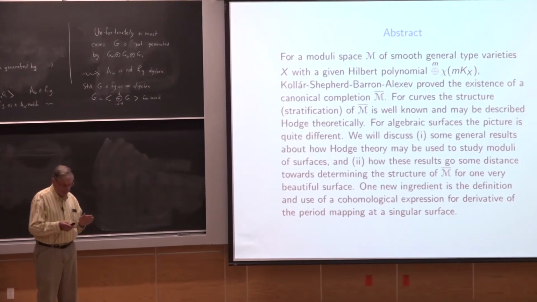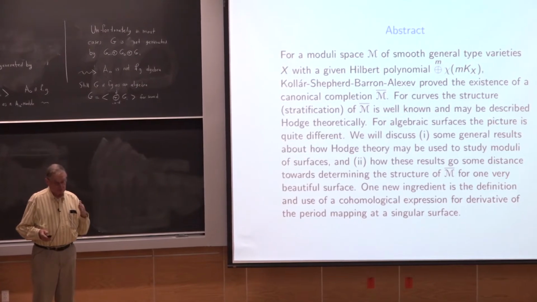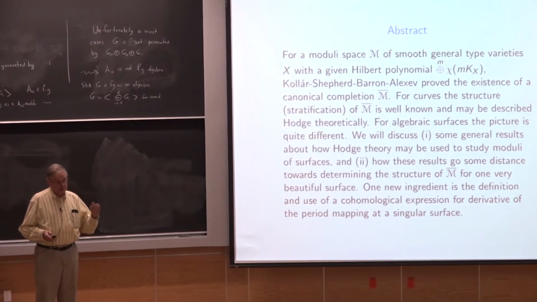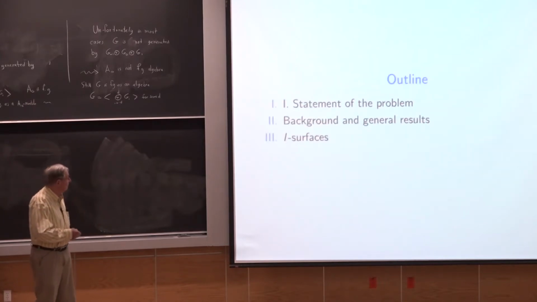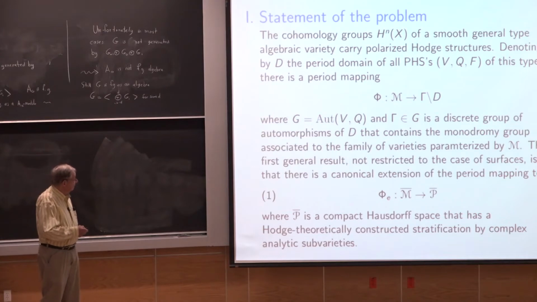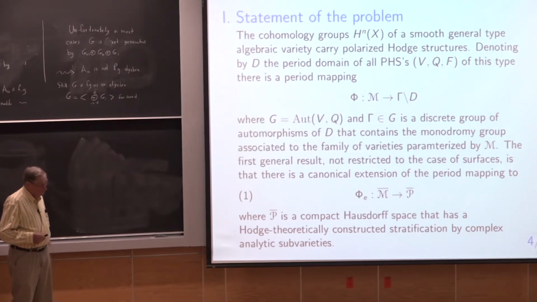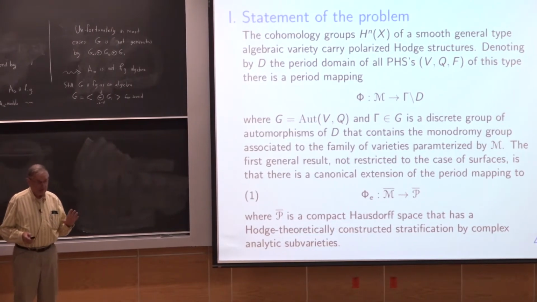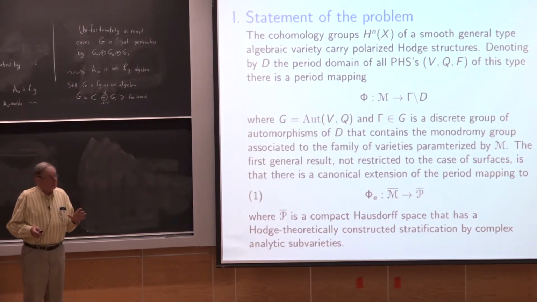So that will be the general goal of this talk: to just explain the terms and at the end give the illustration of this one particular algebraic surface. To state the problem, and some of these terms will be defined in the talk, the cohomology of a smooth projective variety carries a very rich structure, a Hodge structure.